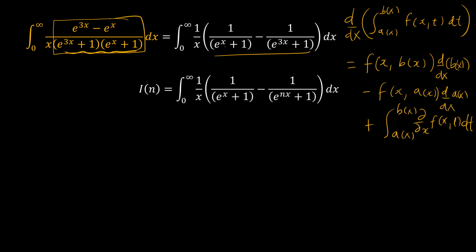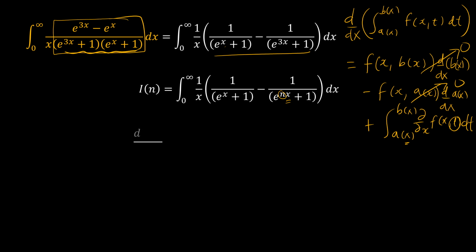Now, when b(x) is a constant, in our instance infinity, this tends to 0, this tends to 0. And so we do have our t here is x. Our x is n. It's kind of important.